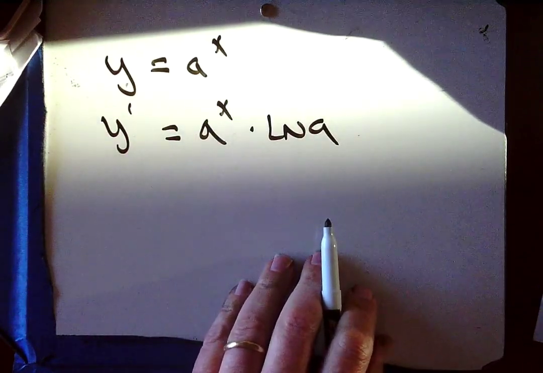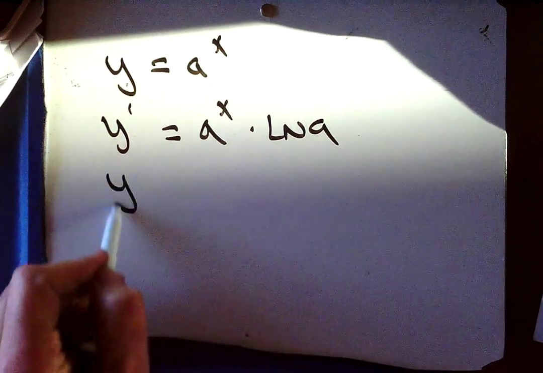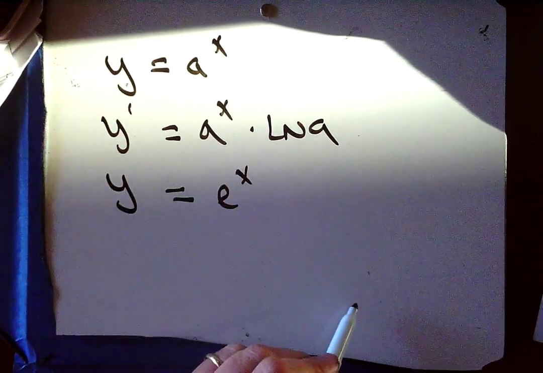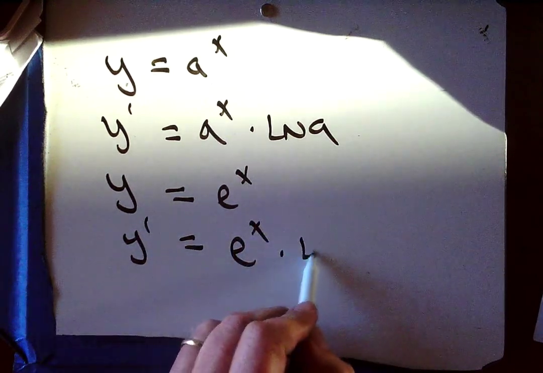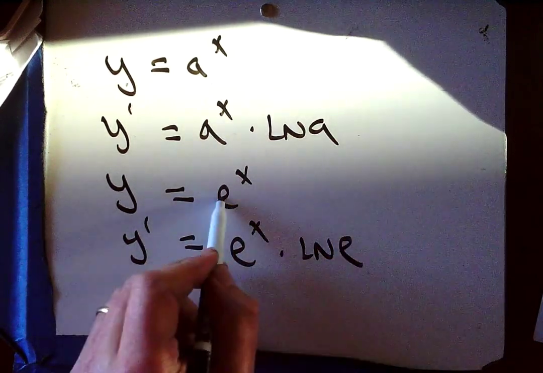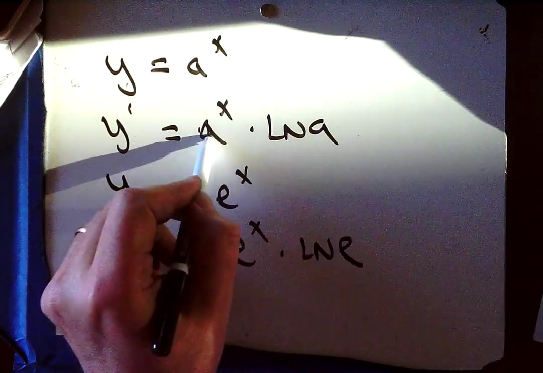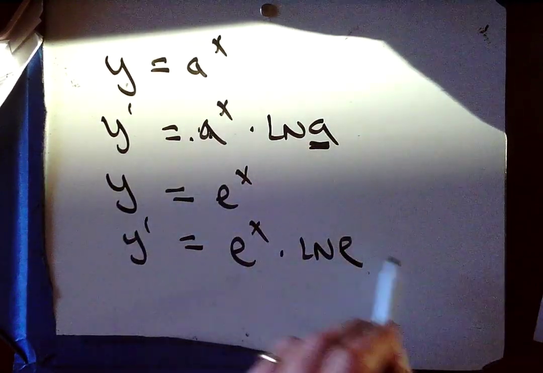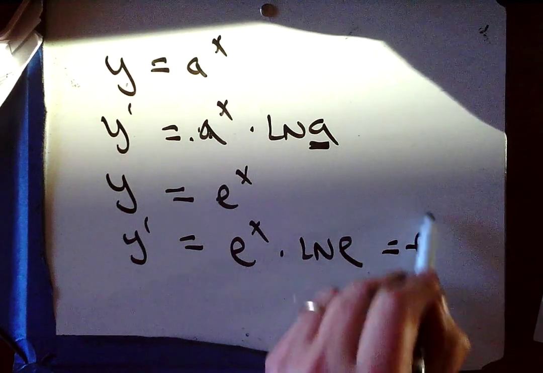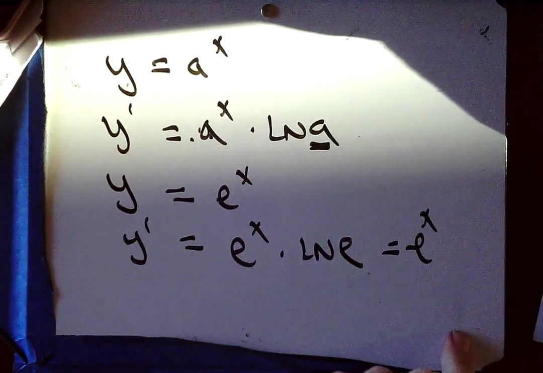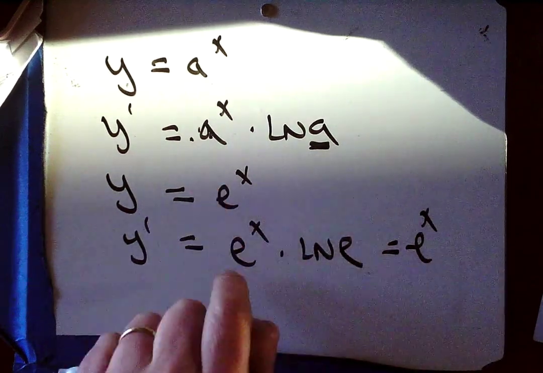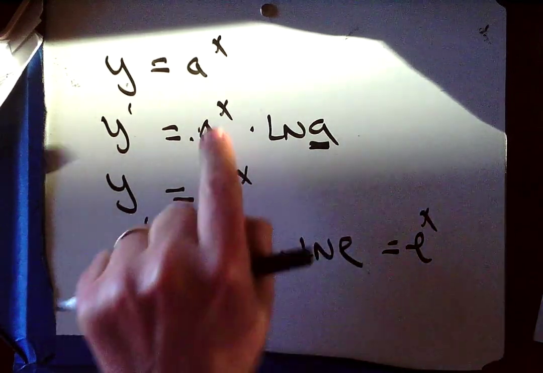Okay? Now let's think about this. y equals e to the x. y prime then is going to be e to the x times ln of the base. Right? That's the base. That's ln of a. What's ln of e? 1. And that's why this thing that we've been doing with e to the x works.